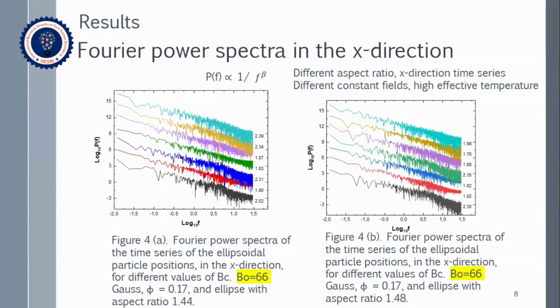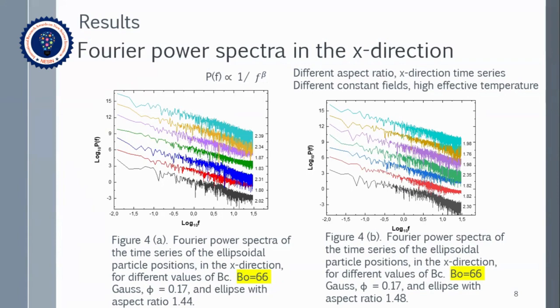Here we present the Fourier power spectra for the component X in the motion of the ellipsoidal particles. In this case, we present two graphs of two particles with different aspect ratio, and each curve means a different constant magnetic field.